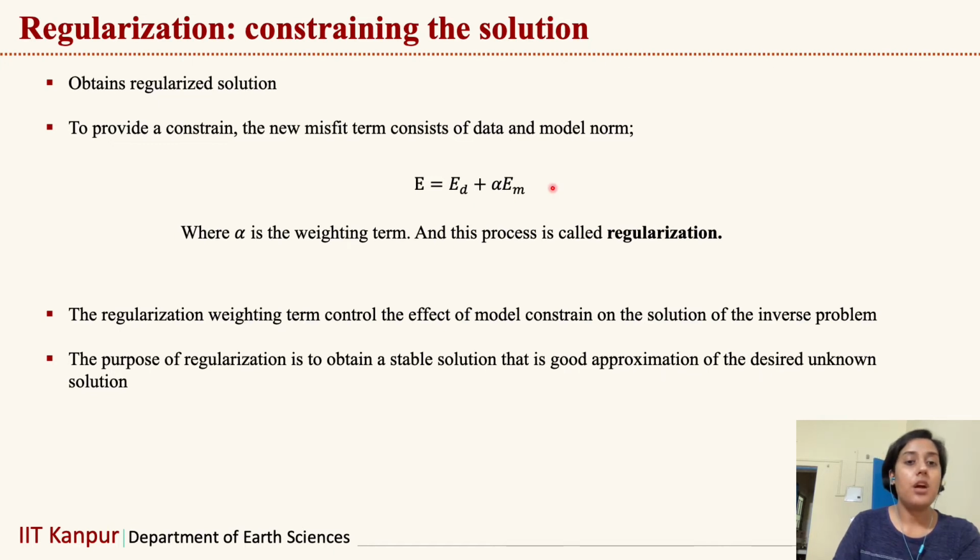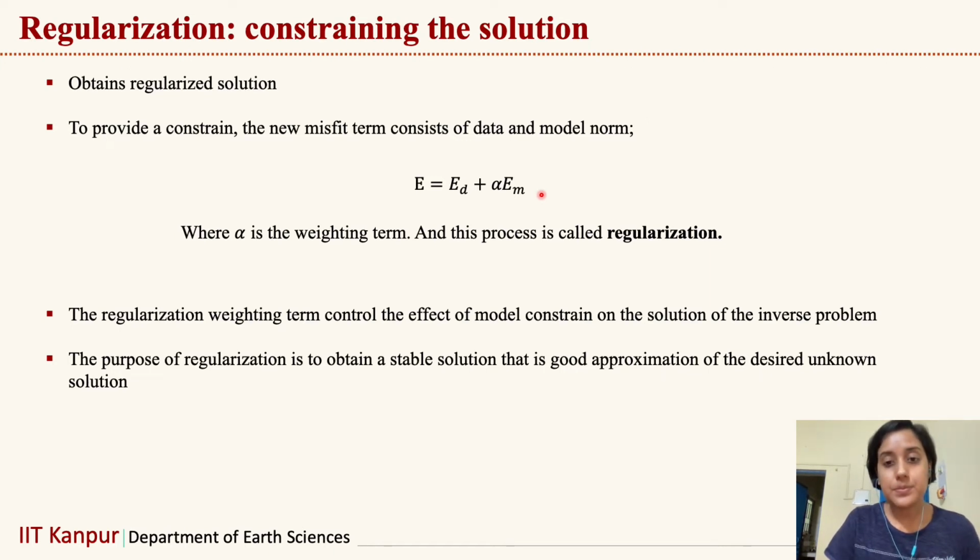But whenever we apply regularization, the second term appears, where alpha is the weighting term and EM is the norm between your model parameters, like the one that you extracted from your data and the one that you can get from your well data.